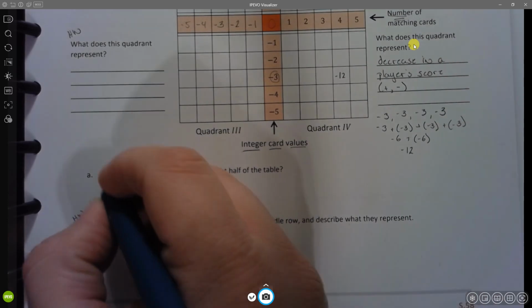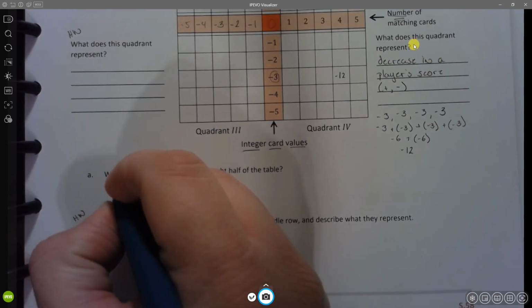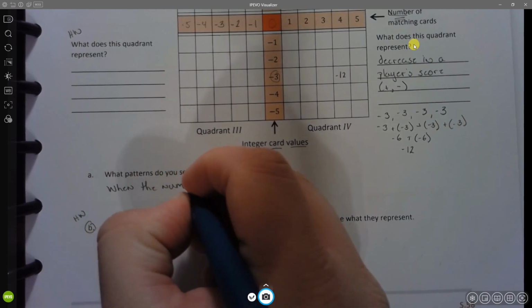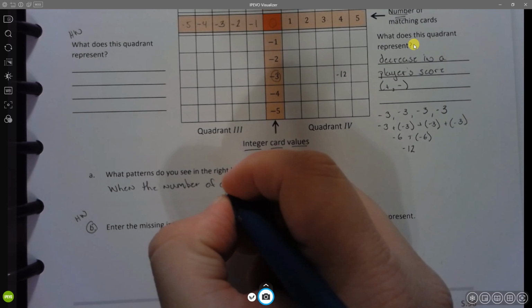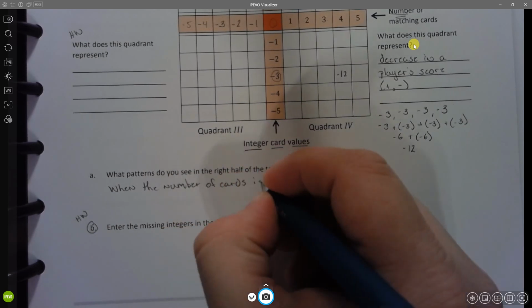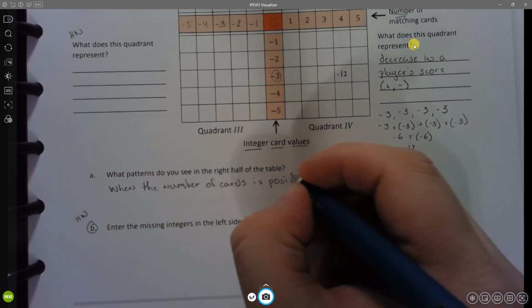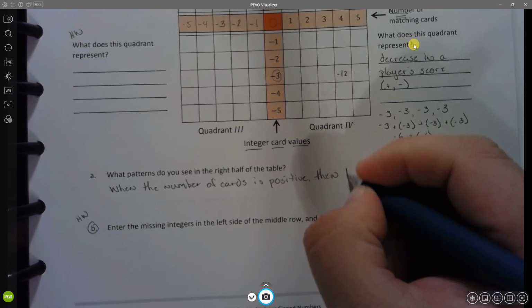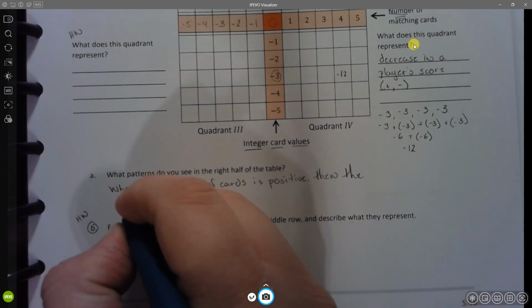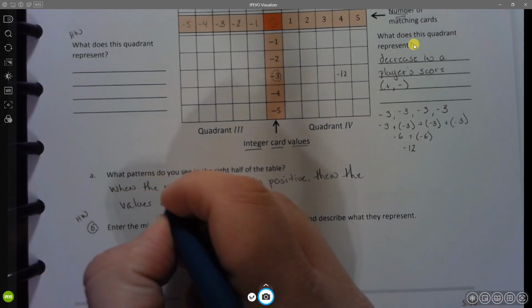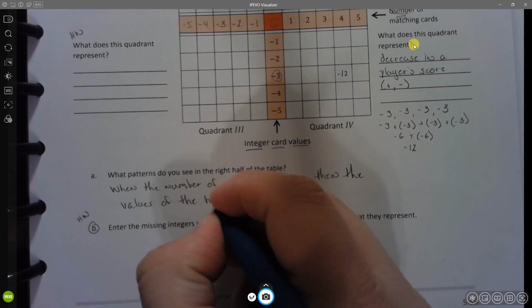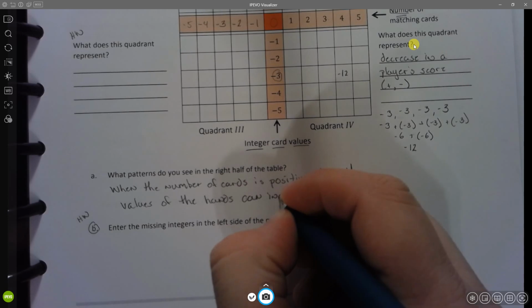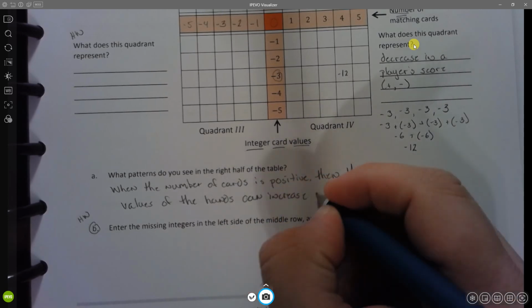So when the number of cards is positive, then the values of the hands can increase or decrease.